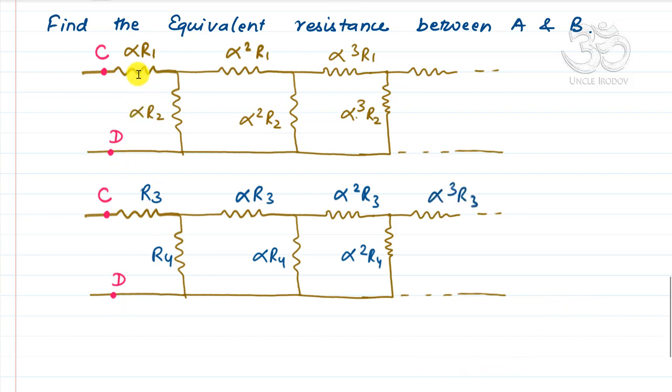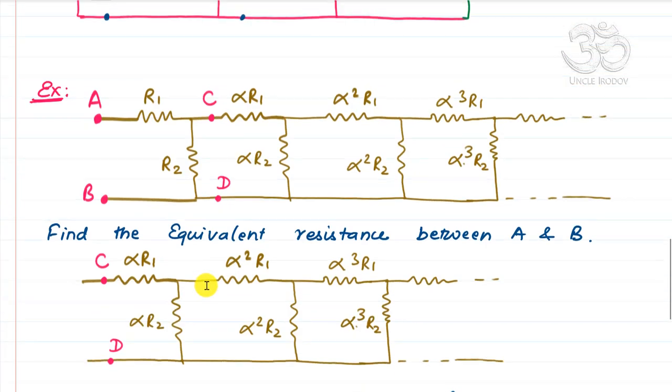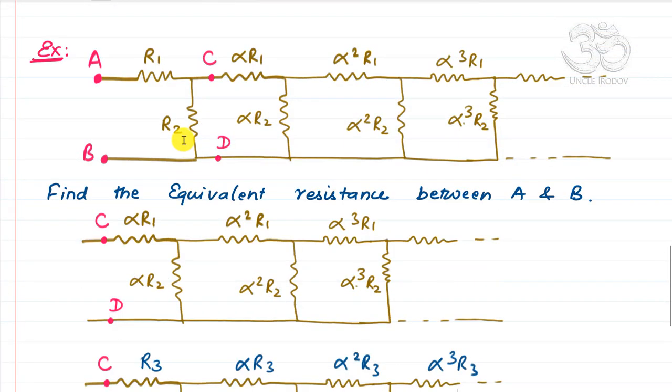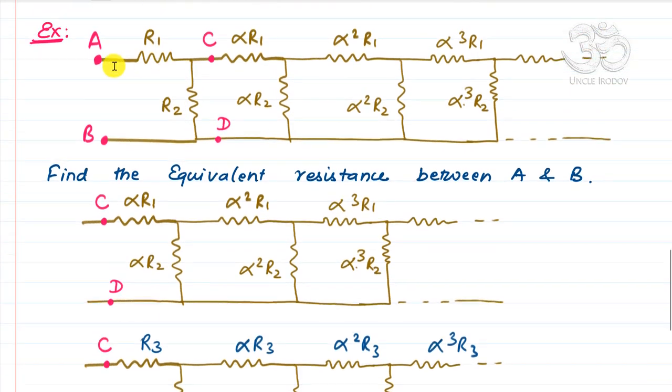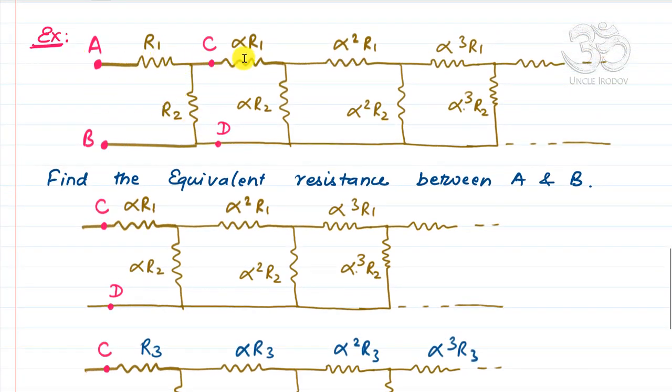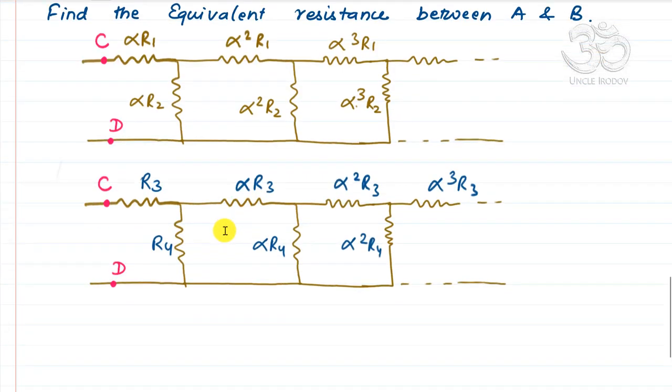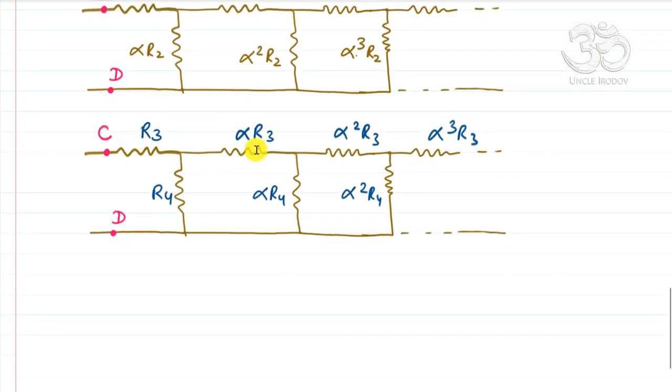So alpha R1 is R3 and alpha R2 is R4, and I've got the same pattern as the top circuit. The top circuit had R1, R2 and alpha R1, alpha R2, and this CD circuit has R3, R4 and alpha R3, alpha R4 and so on.